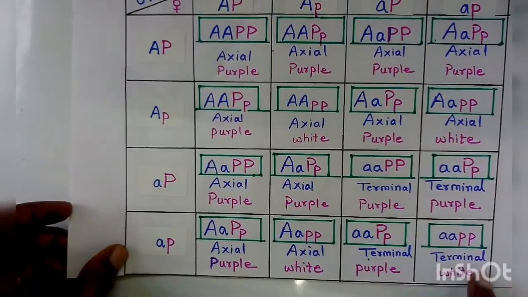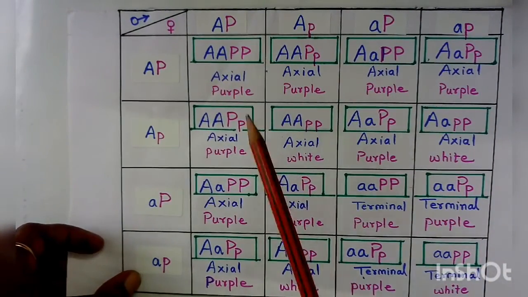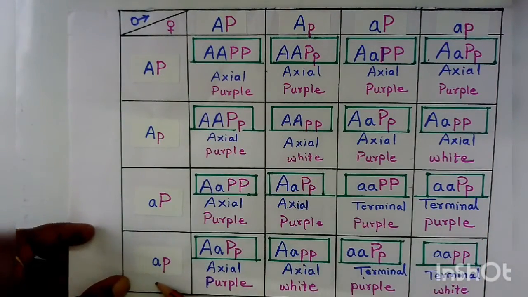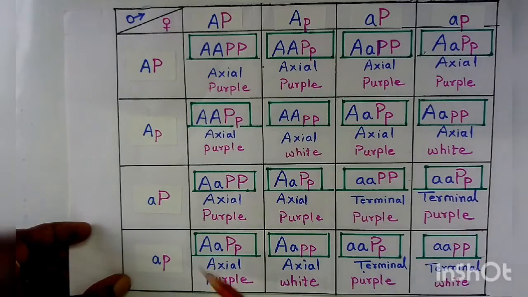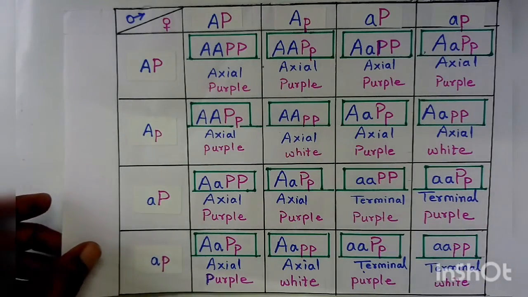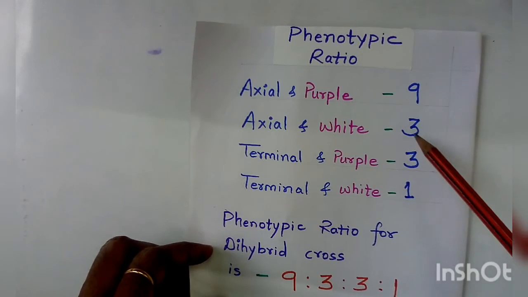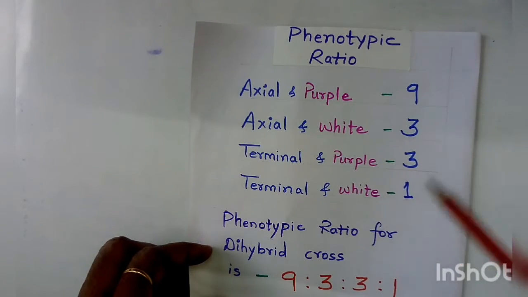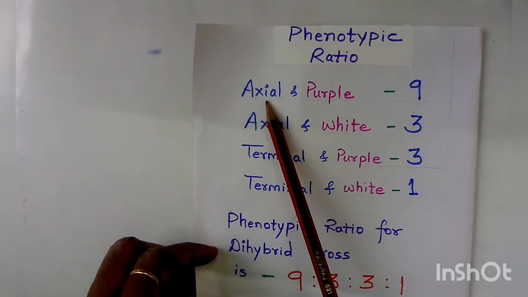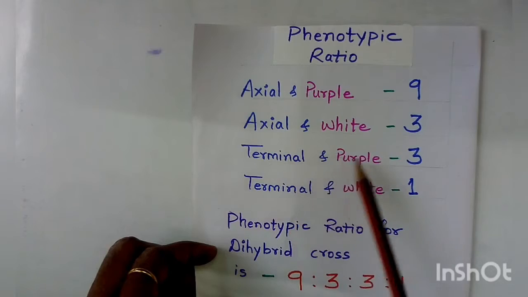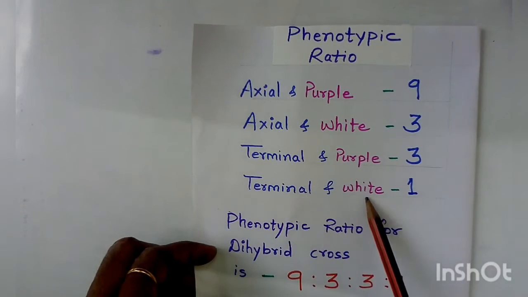So this is the checkerboard where 4 gametes of the male parent and 4 gametes of the female parent are crossed, and finally we get 4 different types of phenotypes, and the phenotypic ratio for the dihybrid cross is 9:3:3:1. What are the 4 different types of phenotypes? Axial and purple, axial and white, terminal and purple, terminal and white.